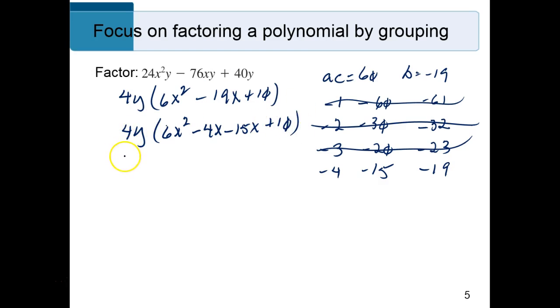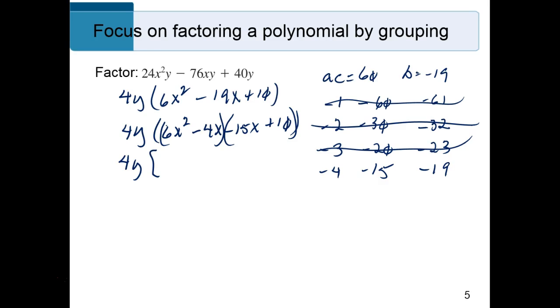Now what do we do? Keep the 4y. Don't forget that. What do we do inside there? Group the first two and the last two. Now, I had to include the sign in that second grouping. Have parentheses here and then the parentheses in front of the minus sign.